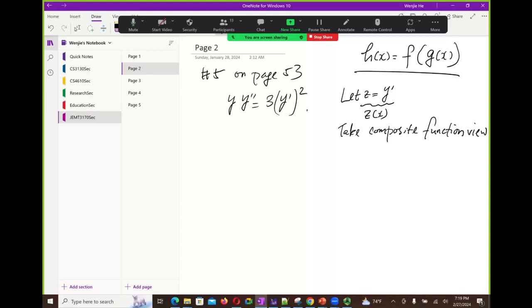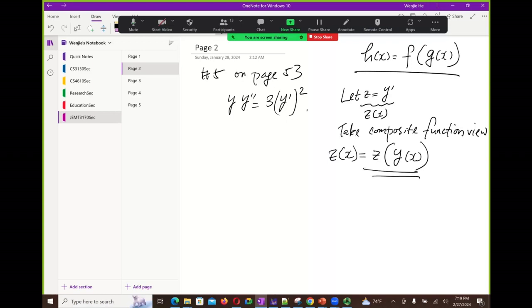This time, z is a composite function of x. So what is z of x? Z is a composite, and inside the parentheses we use y of x.